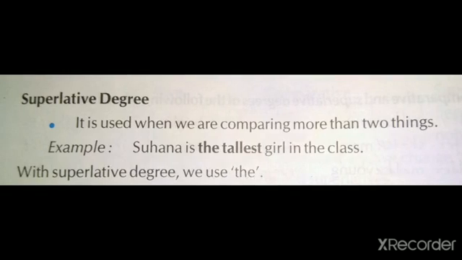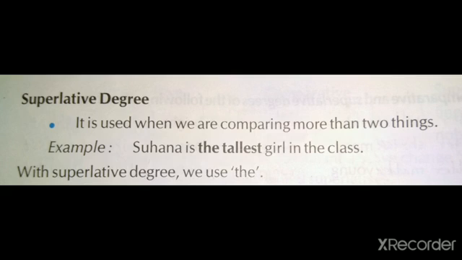Then, how to use superlative degree? It is used when we are comparing more than two things. Example, Suhana is the tallest girl in the class. With superlative degree, we use the. I think you understand how to use the adjective in different degree forms.